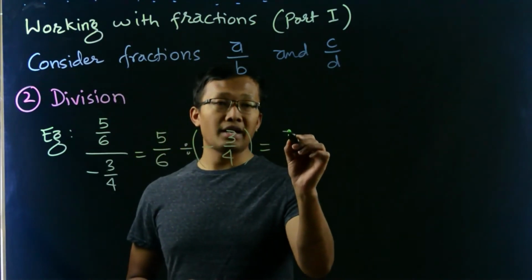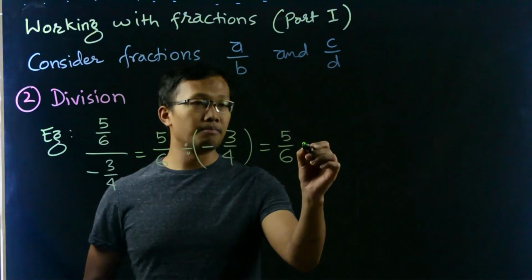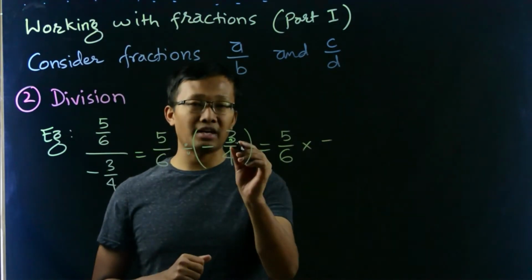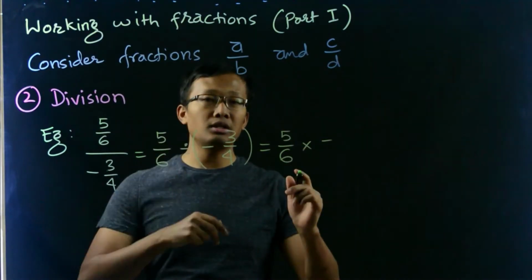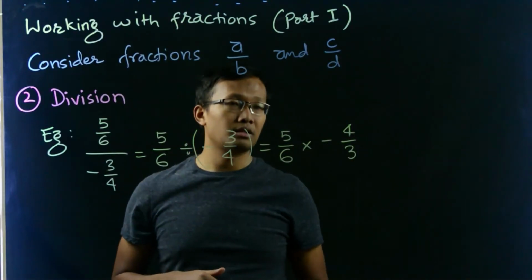We can write the first fraction as it is and multiply by the reciprocal of second fraction, which is negative 3 by 4. Take its reciprocal, flip it. So that's 4 over 3.